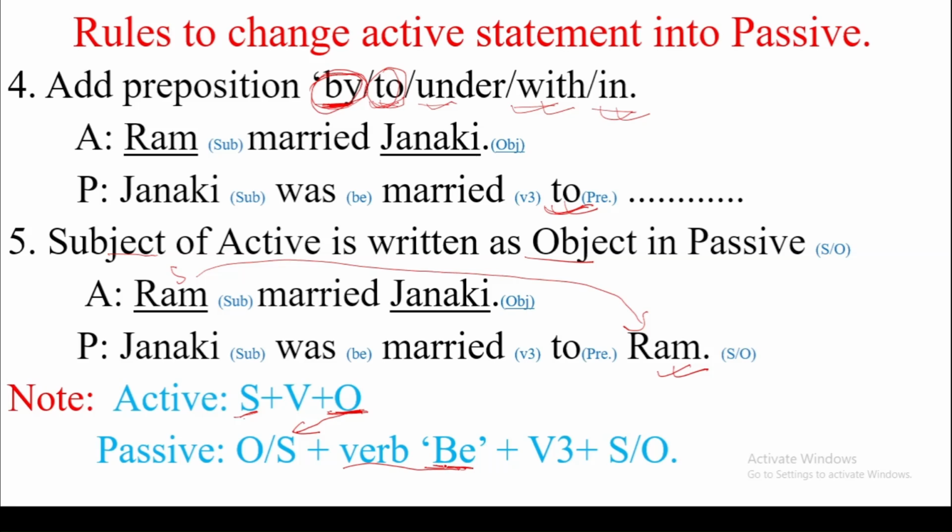Then as the third step we change the main verb of the active sentence to past participle. Past participle means V3. This is the third step. Then the fourth step is we add a preposition, by. In general, by, to, under, with, or in. Generally we use by. This is the fourth step.